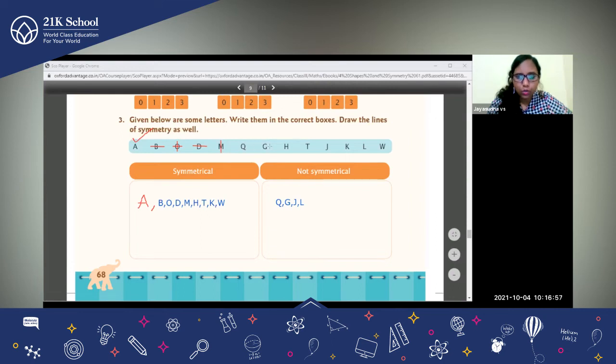For Q, we cannot find a line of symmetry over here. G also not, H, yes, vertical. T, vertical. J, no. K, horizontal. L, not possible. W, yes, like this, vertical. All right, so that's why we have placed the letters accordingly.